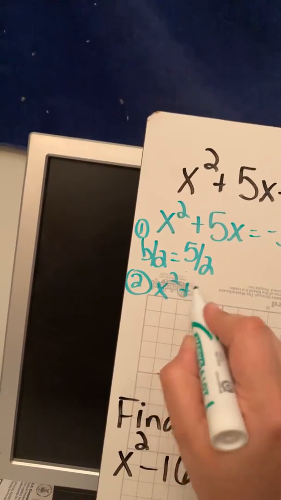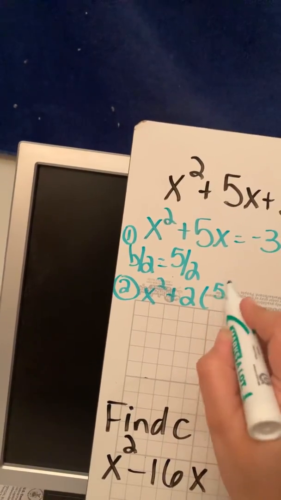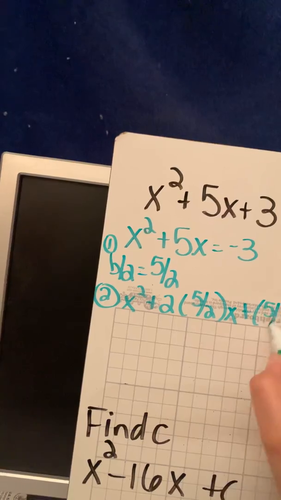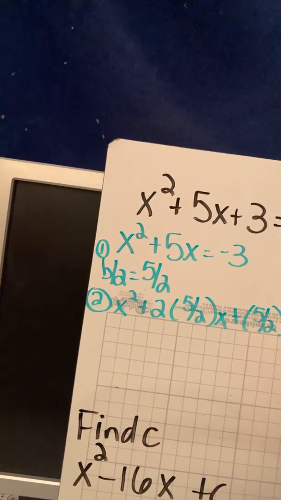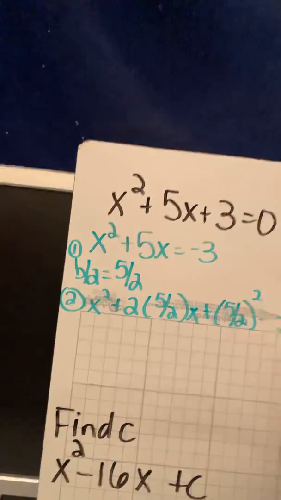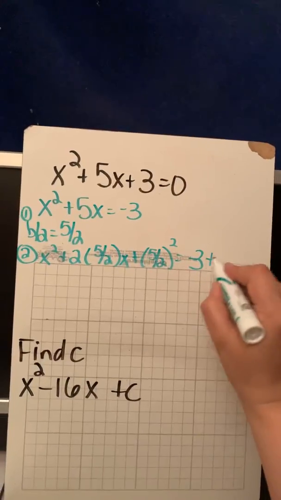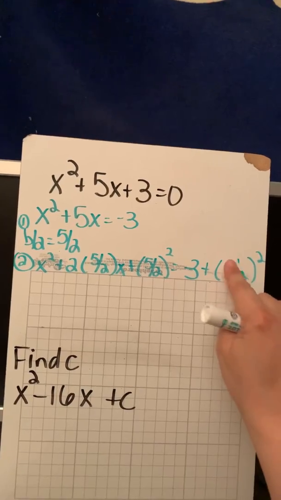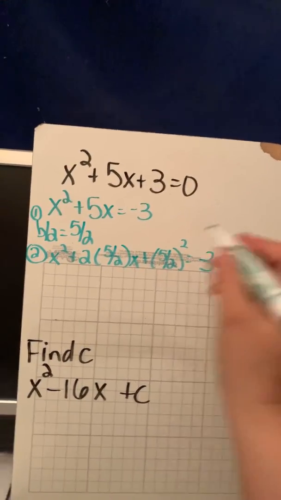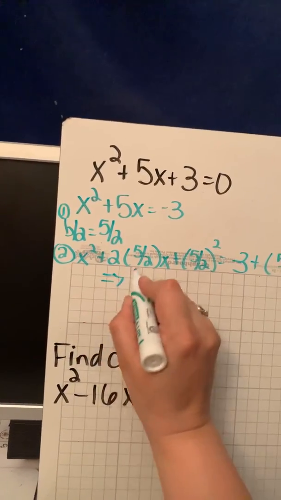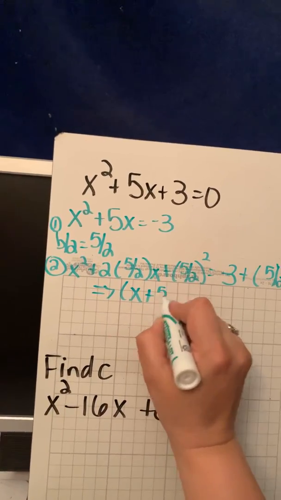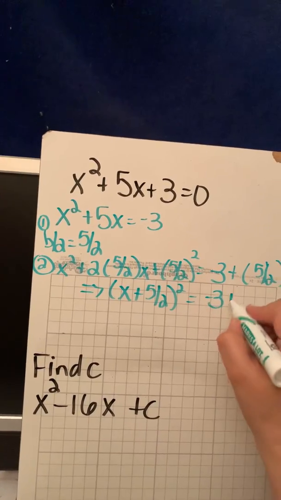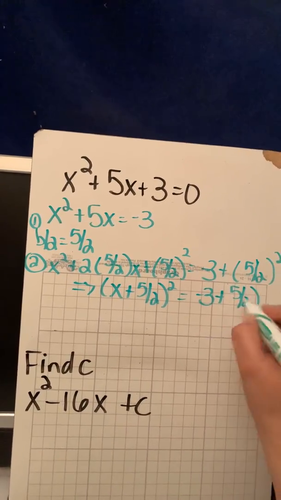x squared plus 2 times b over 2 x plus b over 2 squared equals c, which is negative 3, plus b over 2 squared, 5 over 2, which implies that x plus 5 over 2 squared equals a negative 3 plus 5 over 2 squared.